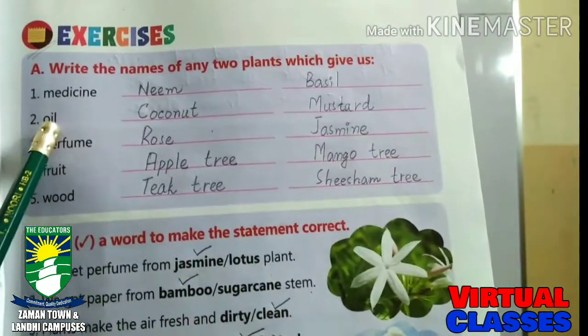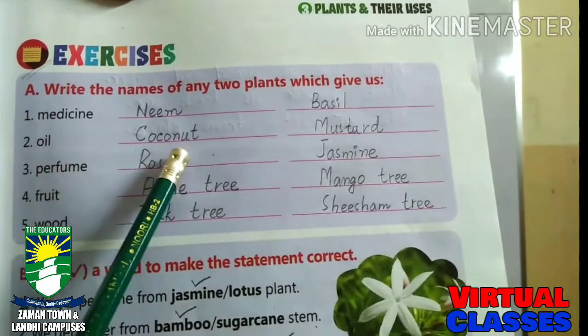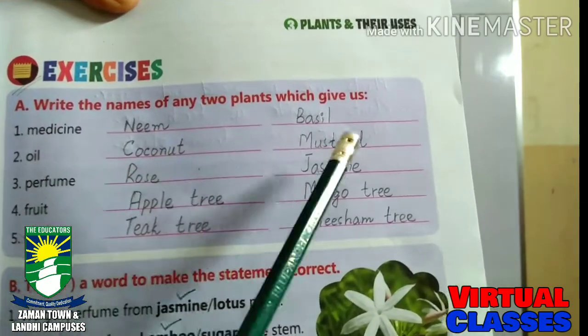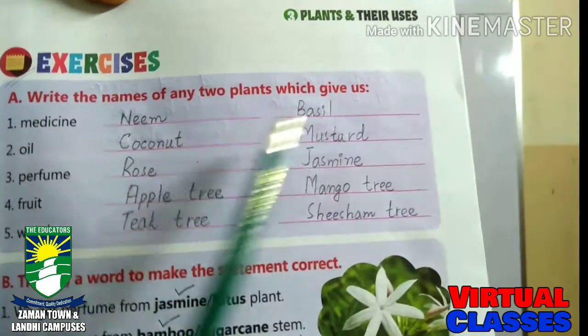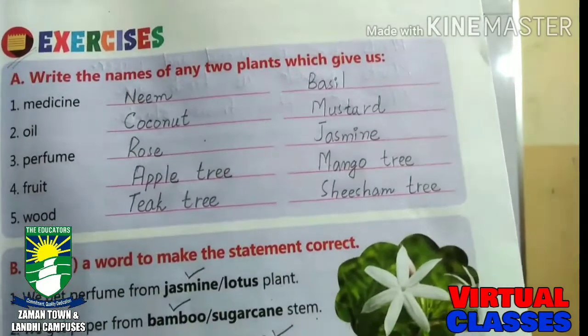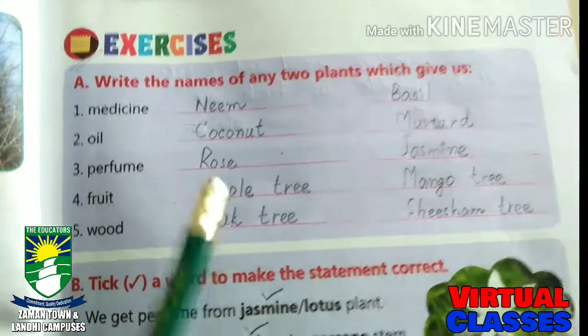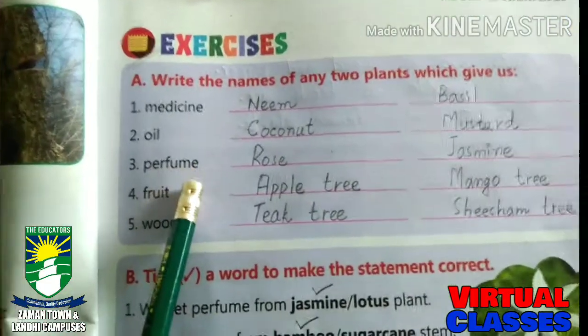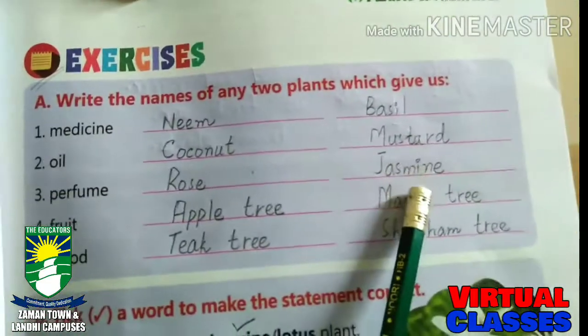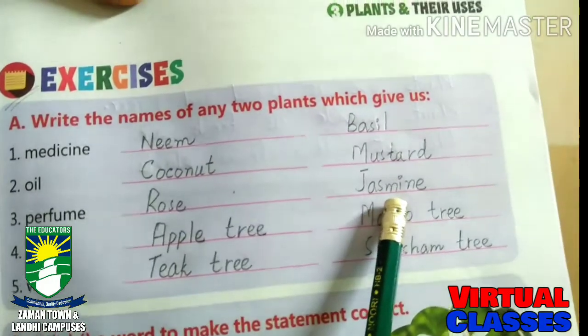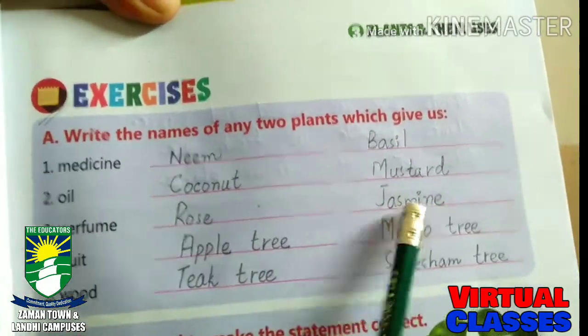Now, number 2, oil. Which plants give us oil? It's coconut and mustard plant. So write these 2 names. Which plants give us perfumes? Rose and jasmine plants give us perfumes. So write these 2 names in number 3.